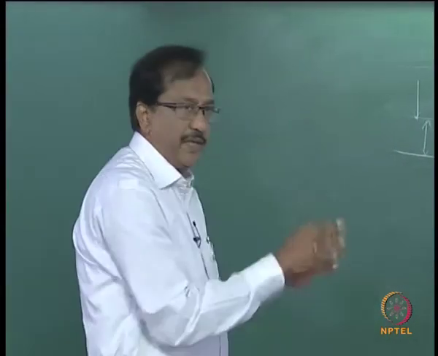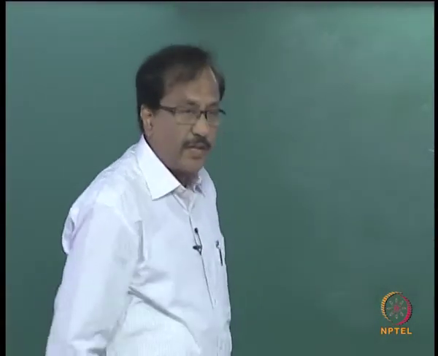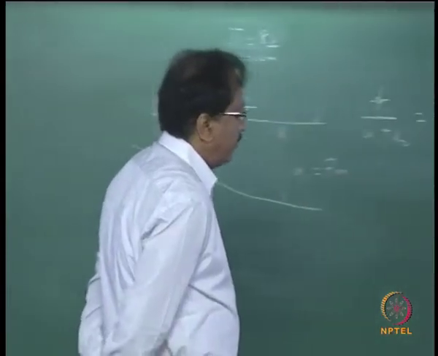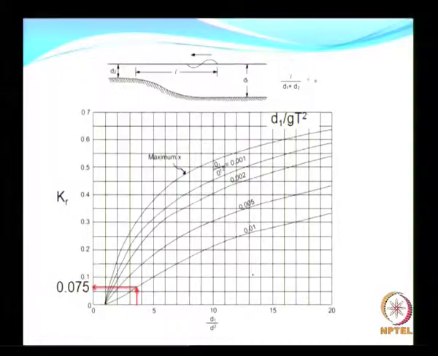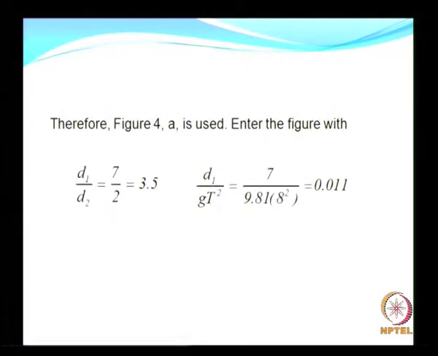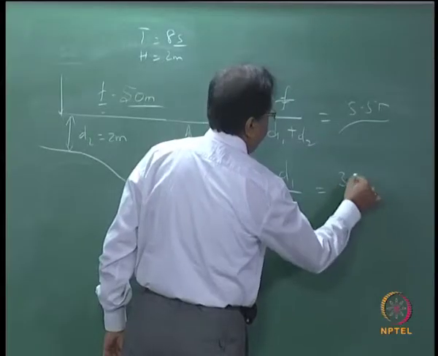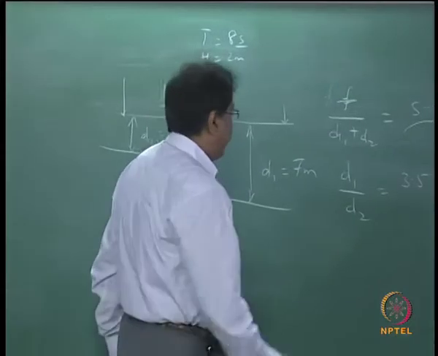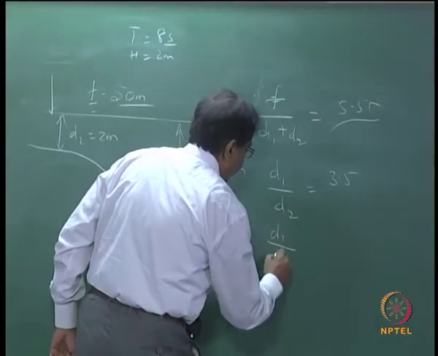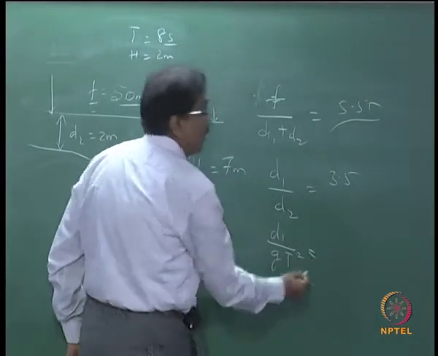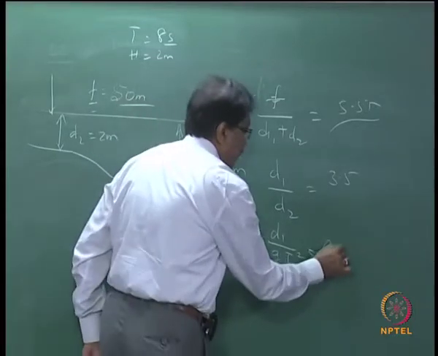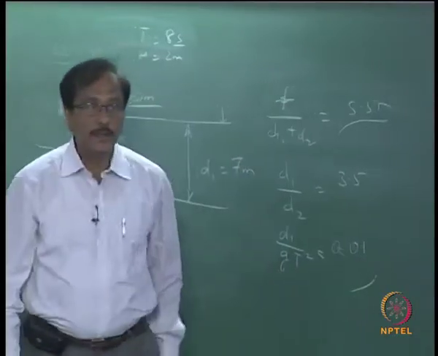Once you calculate this, then you need to enter into this nomogram. What was d1 by d2? 3.5, and d1 by gT square equal to 0.01. Okay.